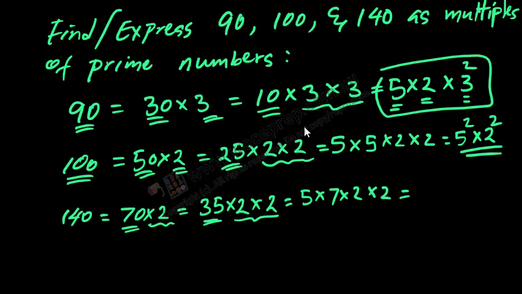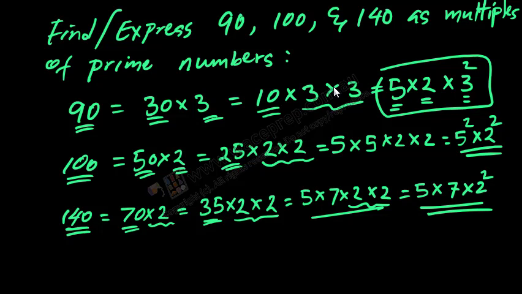Now notice, in this case we can express 2 times 2 as 2 squared, so our full expression becomes 5 times 7 times 2 squared. Once again, 140 is now expressed as multiples of, in terms of prime numbers, which is 2, 5 and 7.